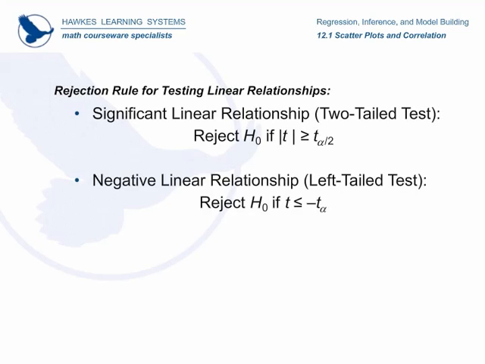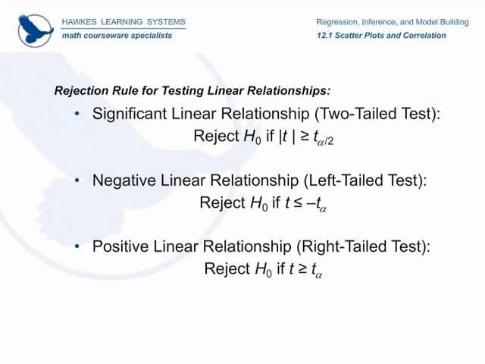Then we want to take a look at the negative linear relationship, or the left-tailed test. We reject the null hypothesis if the t-value is less than or equal to the negative t alpha.